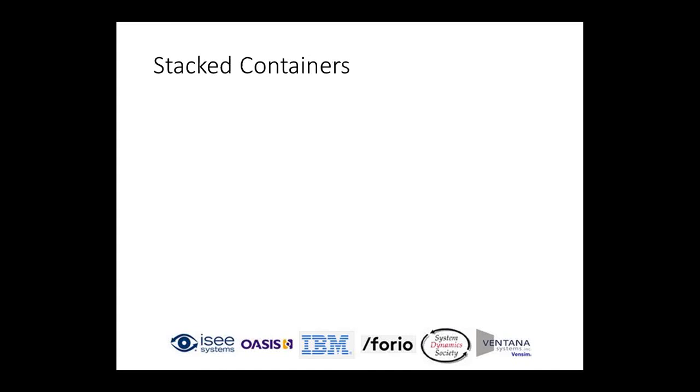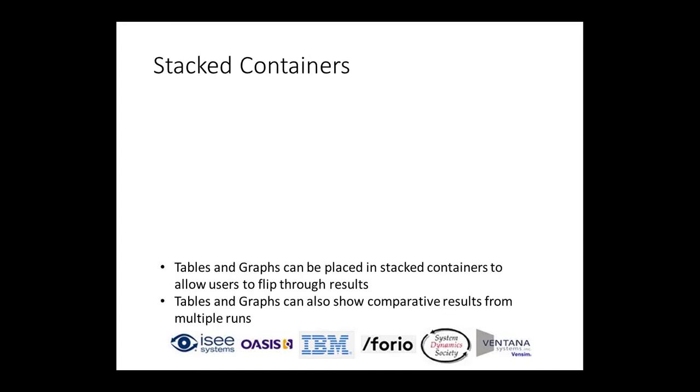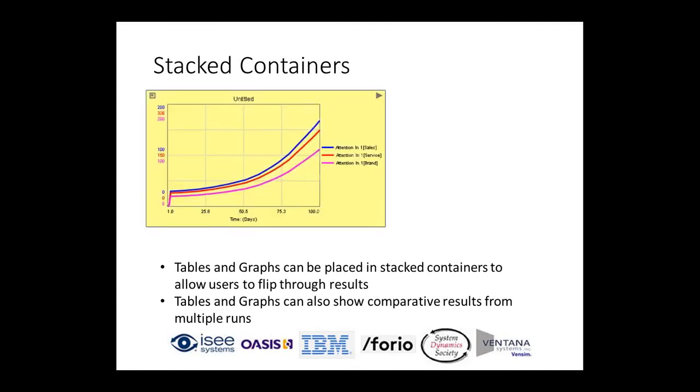So let's talk about the first one of those objects, our stack containers. Things that go into a stack container, which is essentially a mini view, they're stacked views essentially, are tables and graphs. Like Gary was telling you, tables and graphs can show comparative results from multiple runs. So this would be an example of a stack container here. I've got a graph, which is in a container.